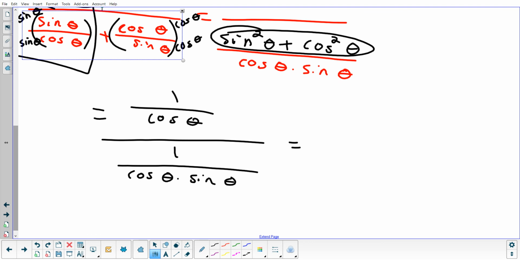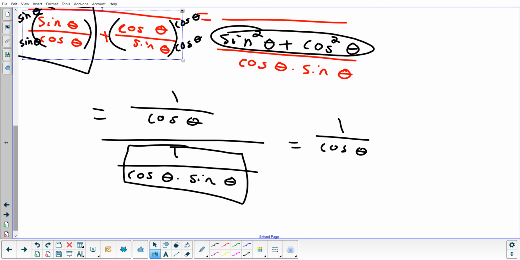Exactly. Keep the numerator the same and multiply by the reciprocal of the denominator. That's your denominator. That's your numerator. So it's going to be sine cosine over 1.